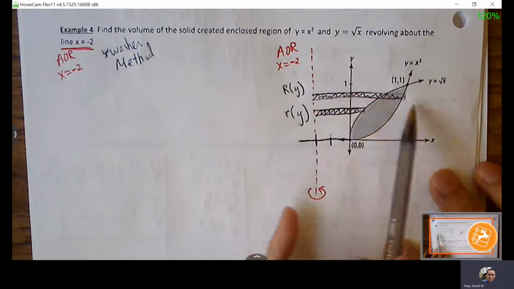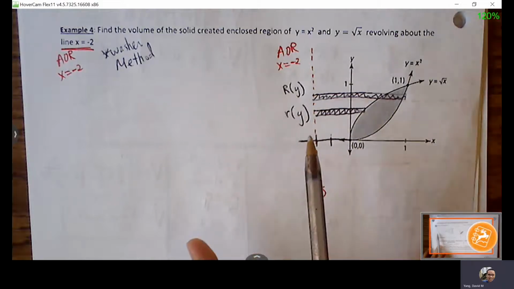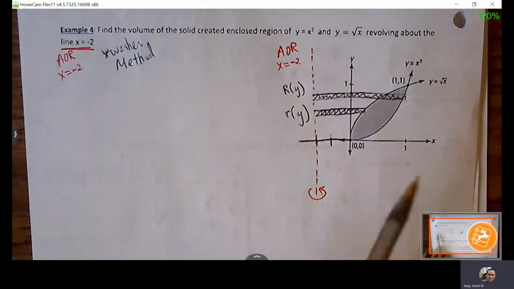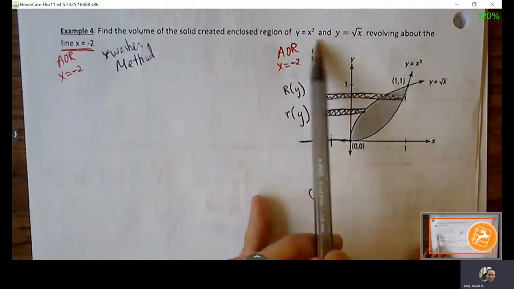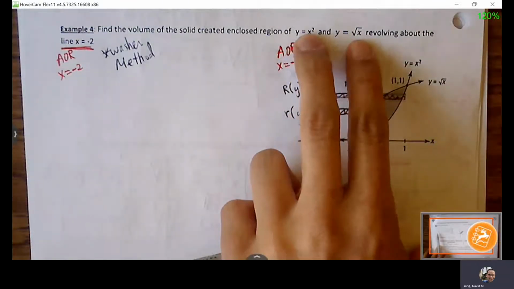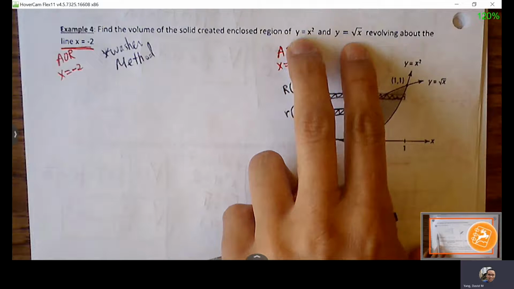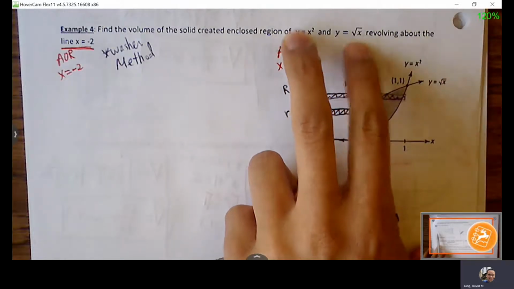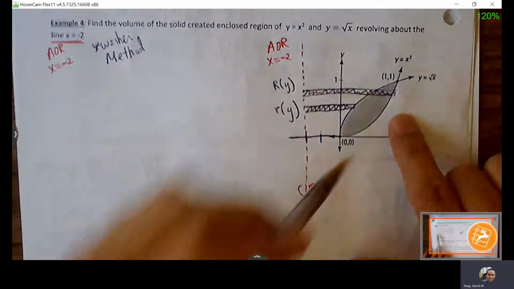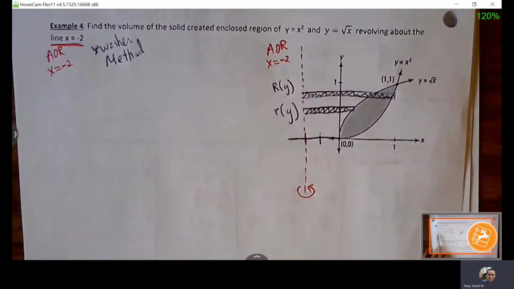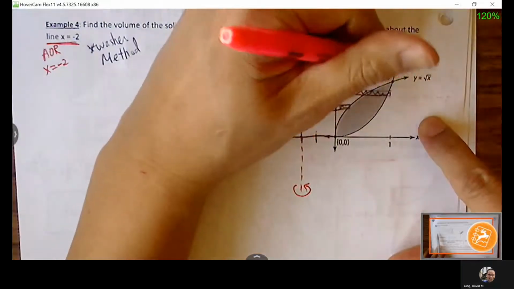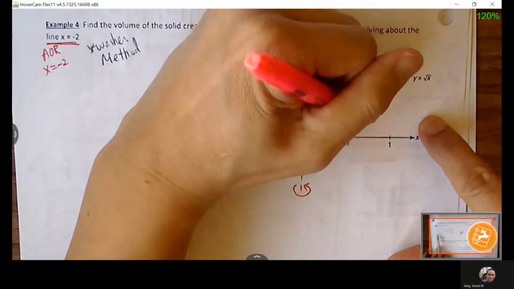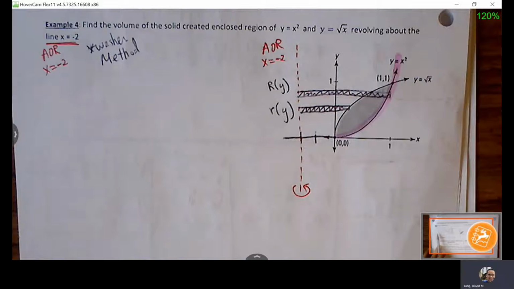As soon as you see a horizontal radius, you know that there's more work ahead, because these equations are not set up for right minus left. These are set up for top minus bottom. So we have to rewrite these equations. This curve here is y equals x squared.